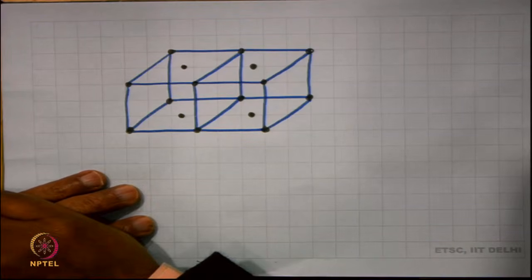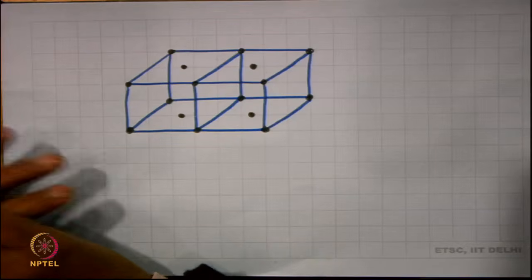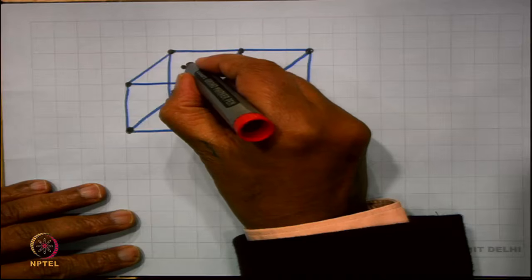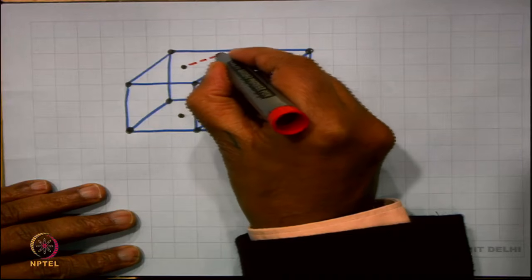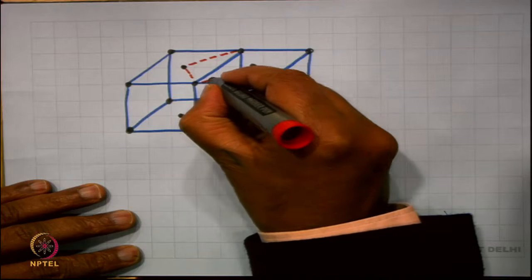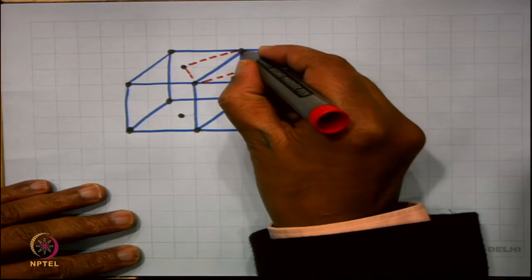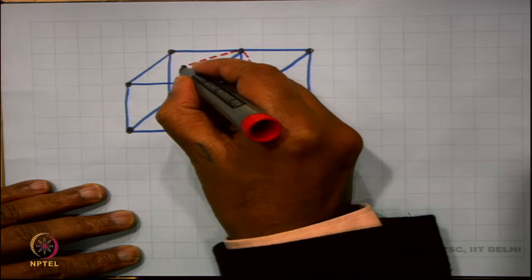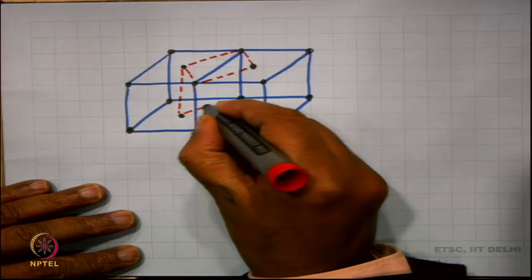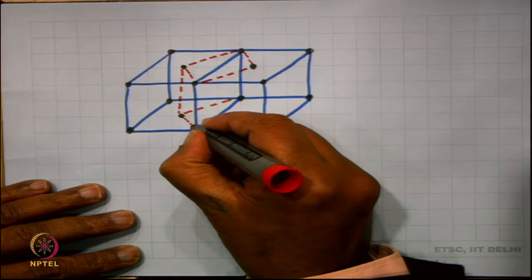Now, with a little imagination, you can see that it is possible to select a new unit cell. So, now I am outlining in red a possible new unit cell for the same lattice.